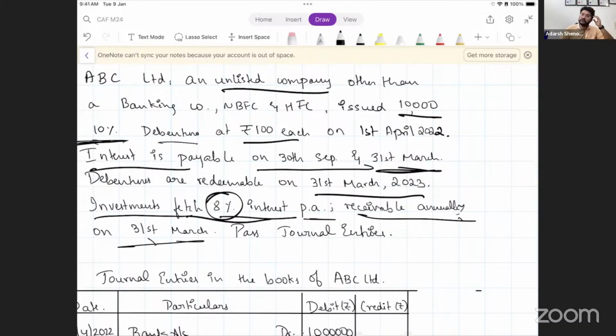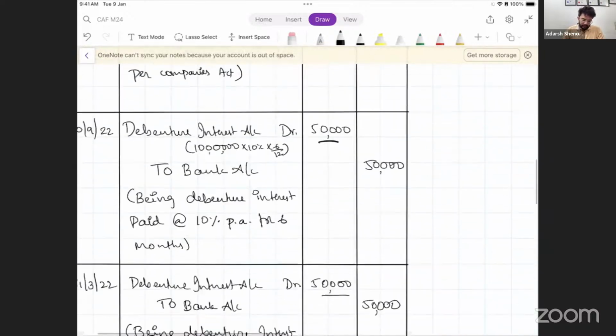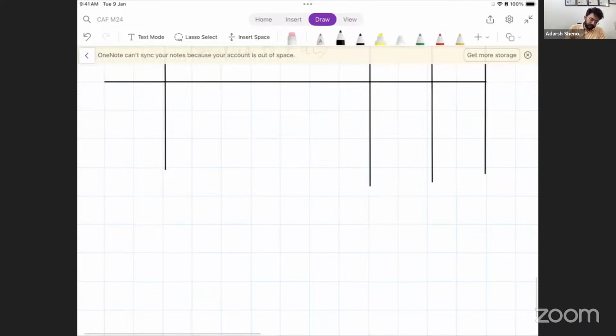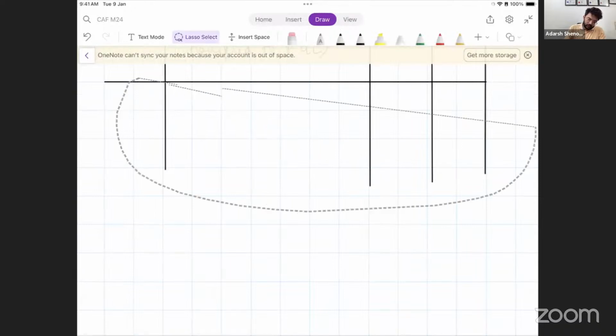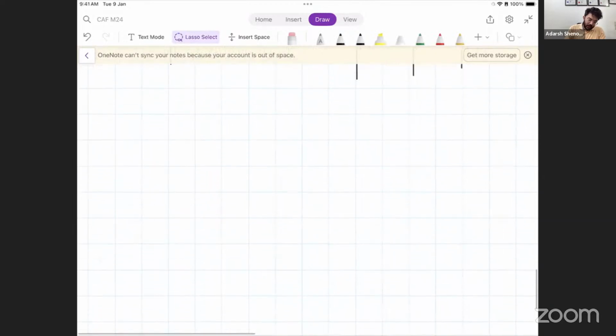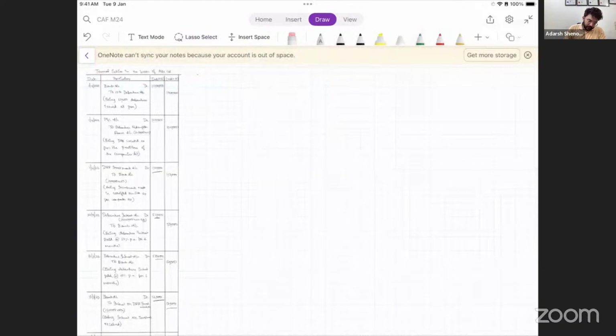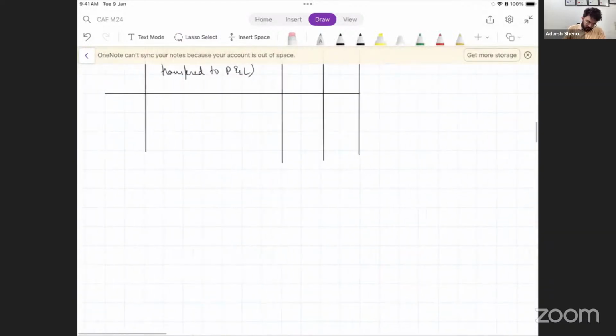But here the debentures are getting redeemed after just 1 year. So let's pass the entry for redemption. For redemption, what entries will be there? One entry will be the due entry for redemption.